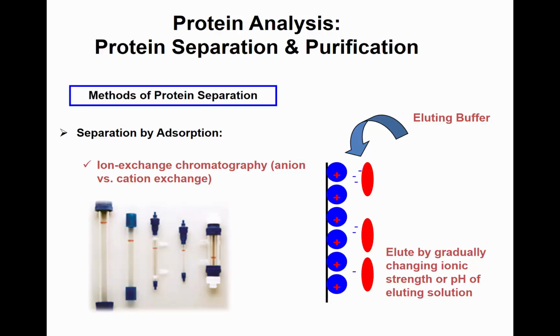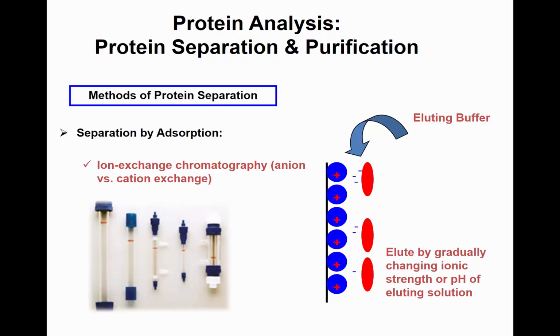The last example had 11, and then you brought it down, and then it came out negative. At the isoelectric point of the protein, you have net zero charge.